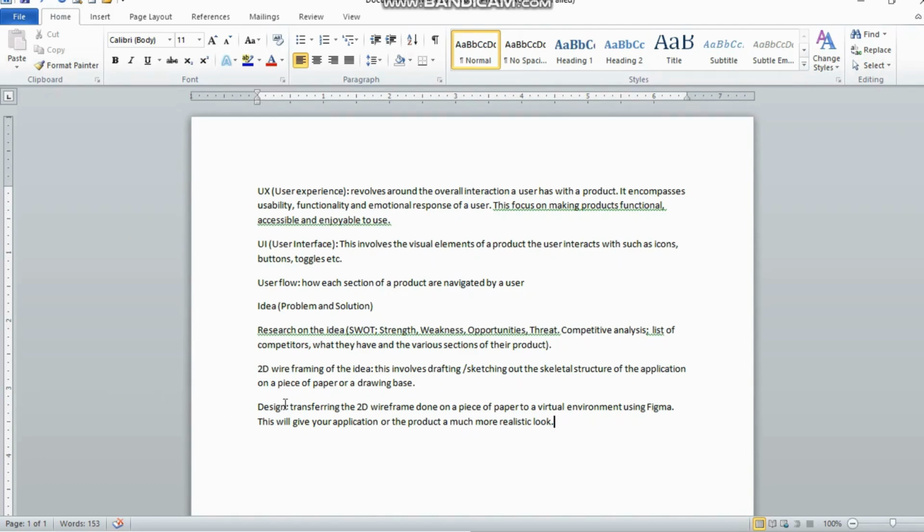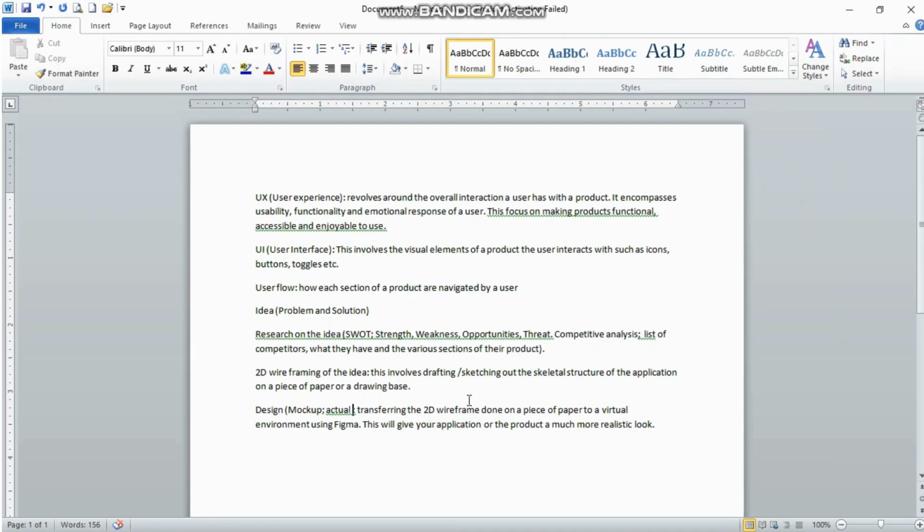Now, this design can also be referred to as the mock-up, which is the actual visuals of the product.